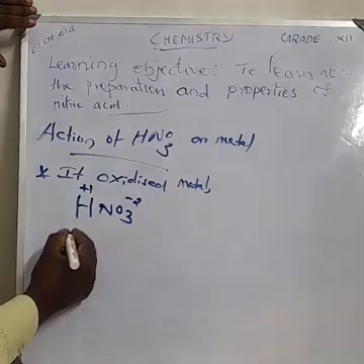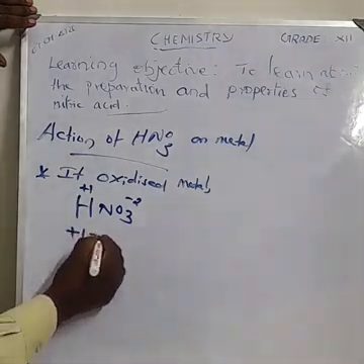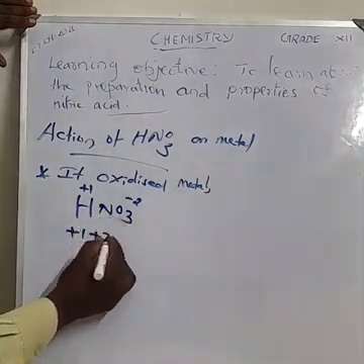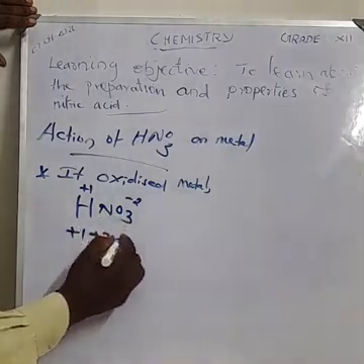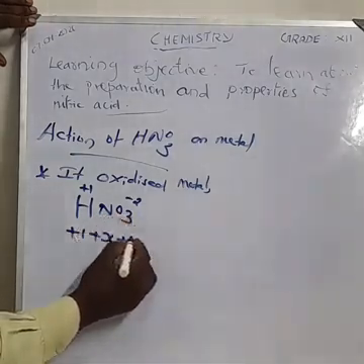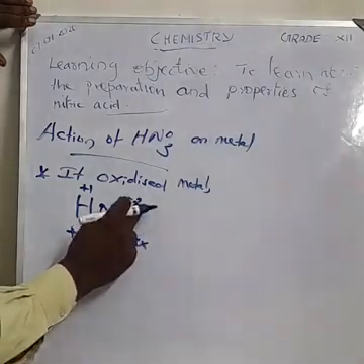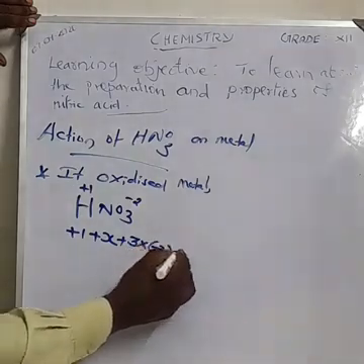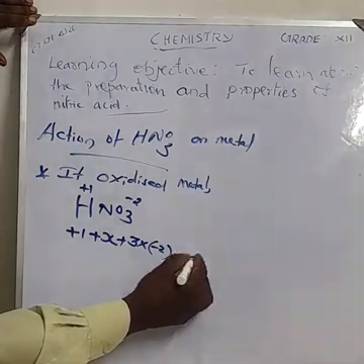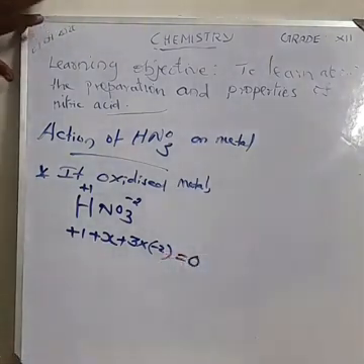Then we write +1 plus nitrogen, which we don't know, taken as X, plus three oxygen atoms, so 3 into -2. This nitric acid has no charge, so it is taken as 0. If it had a charge, we could give the charge there.